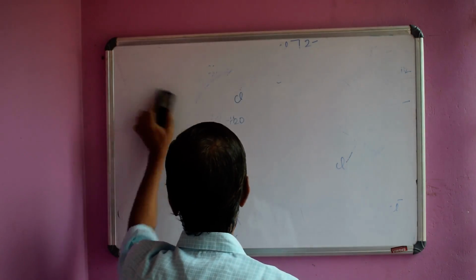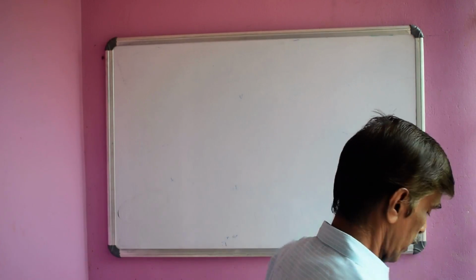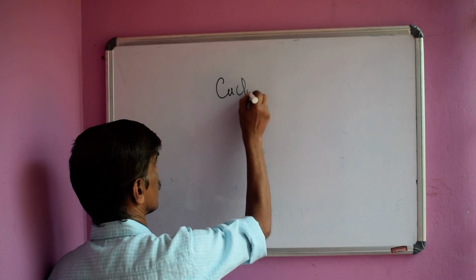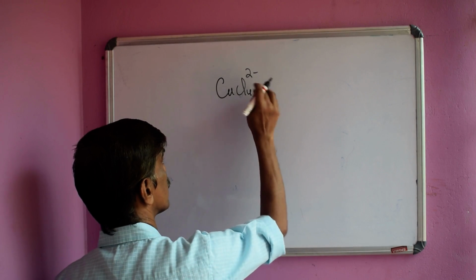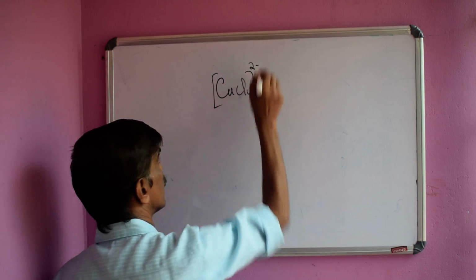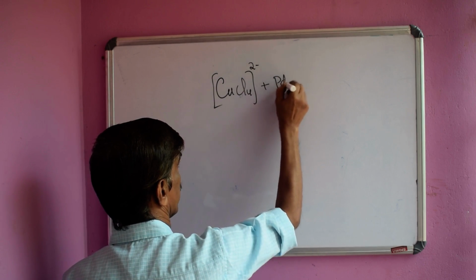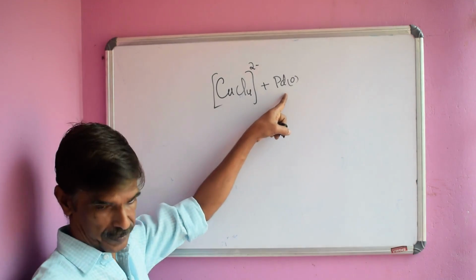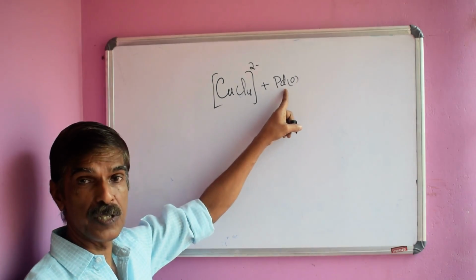So I have said earlier that in the mixture we have copper 2 or CuCl4 2 minus ion. This is the palladium that is produced towards the end. After the removal of the acetaldehyde, palladium is converted into palladium 0.